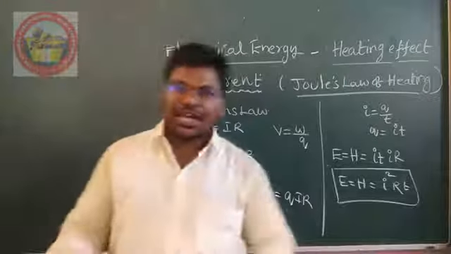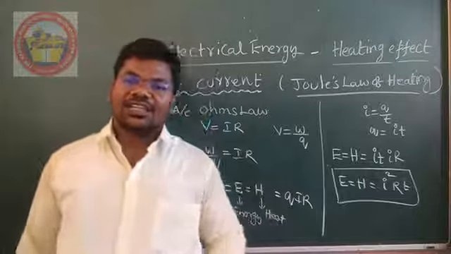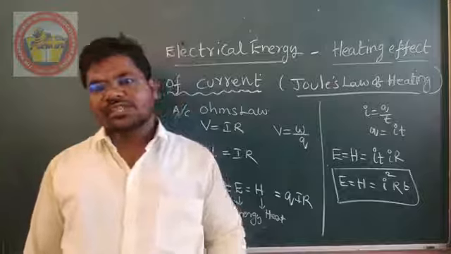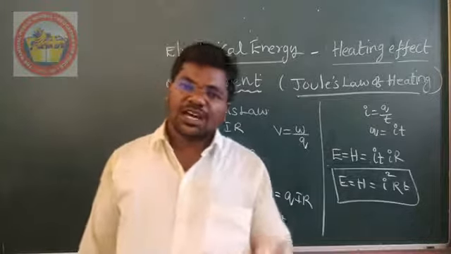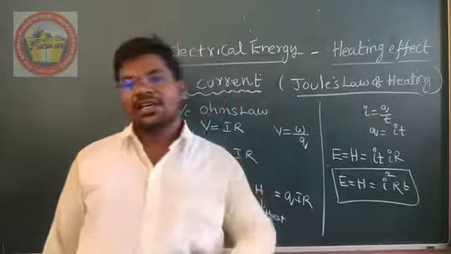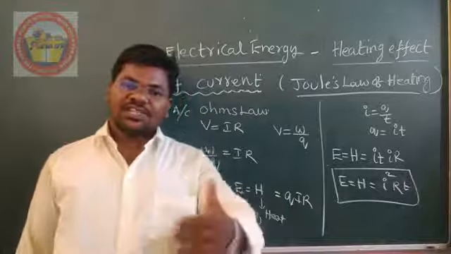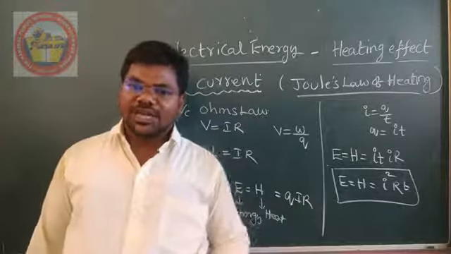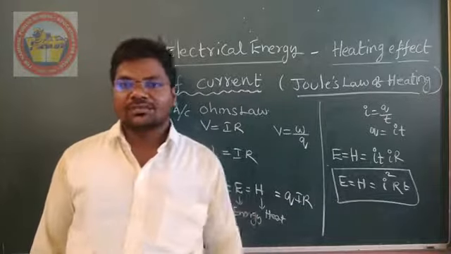Okay, so coming to the heating effect of electric current. Consider a conductor, and we can attach a battery, meaning a source of current. If current passes through a conductor in a specified time, the temperature of the conductor increases, meaning we get some heat.